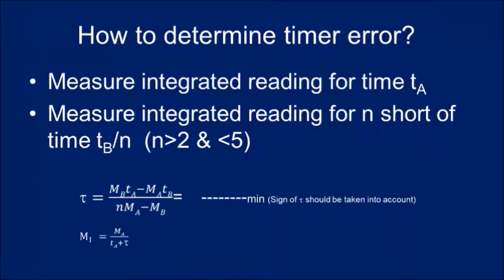So after maybe n equal to 4 or so, you take the value TB by n, right? And now you have MB, TA, MA, TB. You use this equation, you can get the shutter error tau. You have to use this tau along with your time to actually get the value M1. So you have to apply this shutter error. Sometimes it could be very significant.